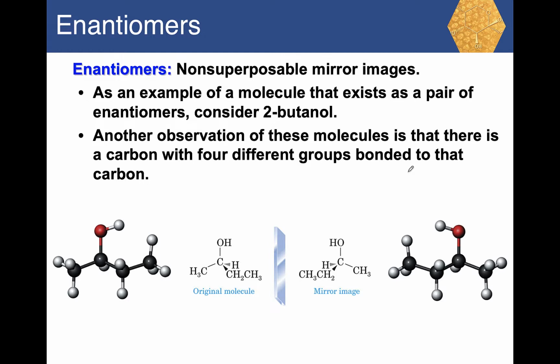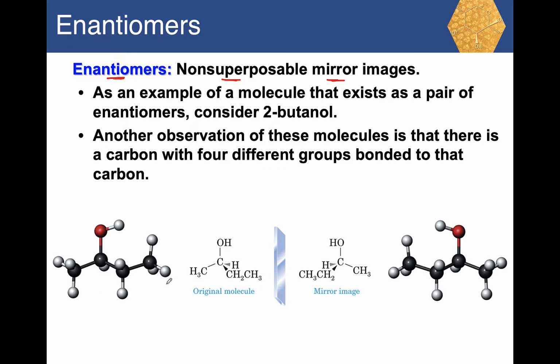So let us summarize to an extent. Enantiomers are non-superimposable mirror images of molecules. Keywords: non-superimposable and a mirror image. Here's an example.